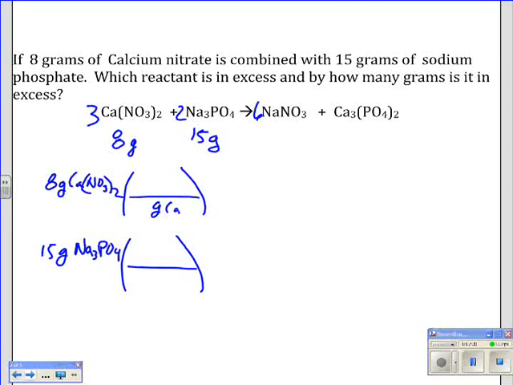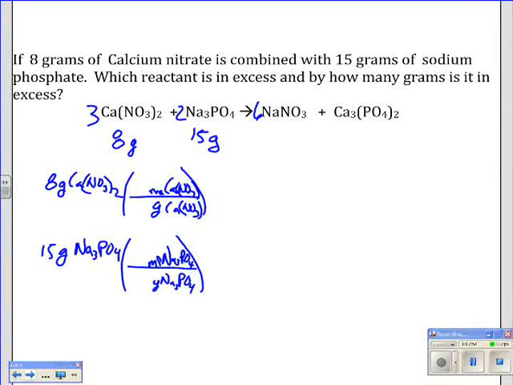Get rid of my grams of calcium nitrate, go to moles of calcium nitrate. Get rid of my grams of sodium phosphate, go to moles of sodium phosphate.